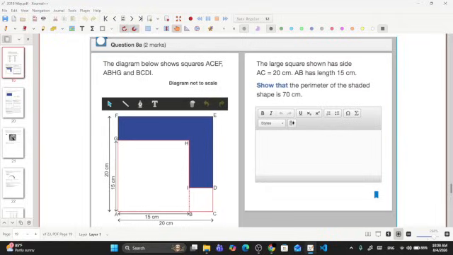Alright, so we know that perimeter is basically the sum of all external sides, right? So first things first, we have to know what the external sides are. The first external side is this one, that is of 20 centimeters, right? The second external side is this one, which is of 5 centimeters.